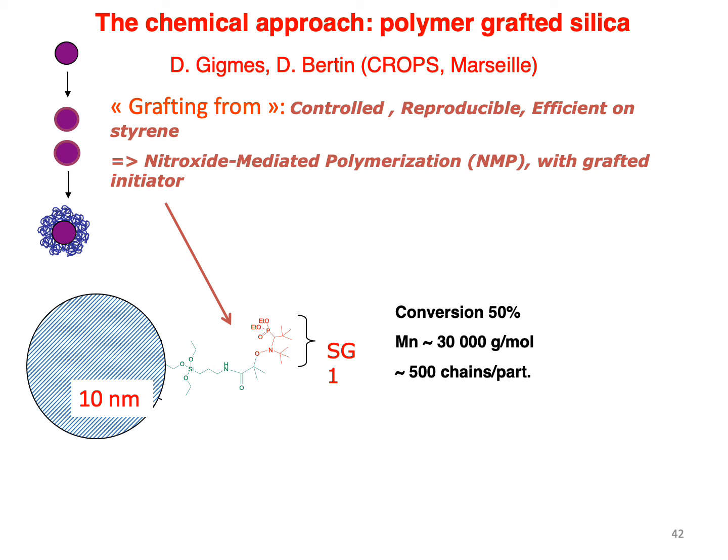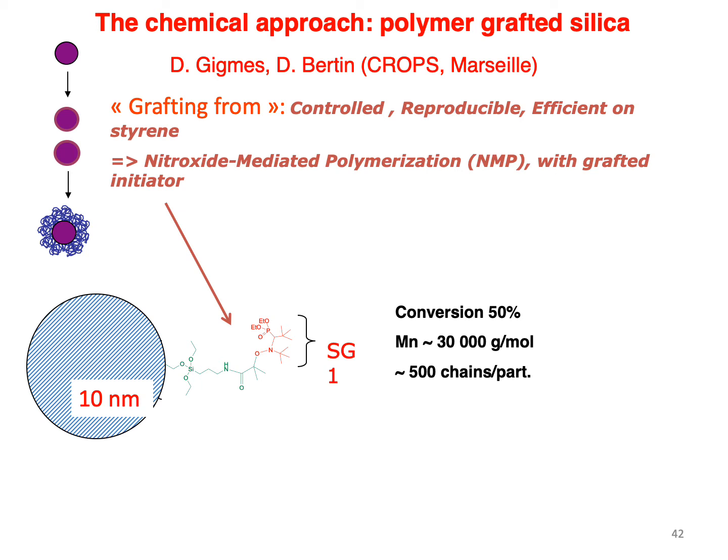It is using grafting, which has been done in collaboration with chemists of CROPS in Marseille. We use an industrial initiator from Arkema, and we attach to it silane, and then we can attach the initiator to the silica particle of 10 nanometers.